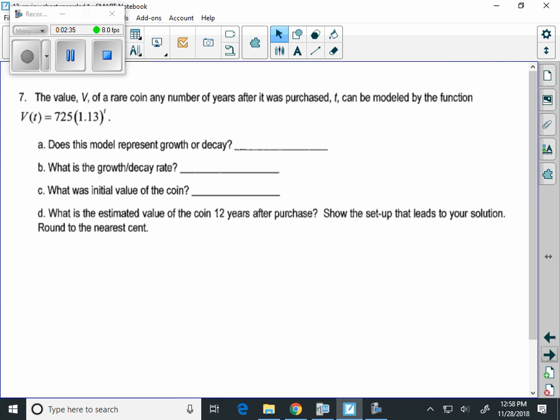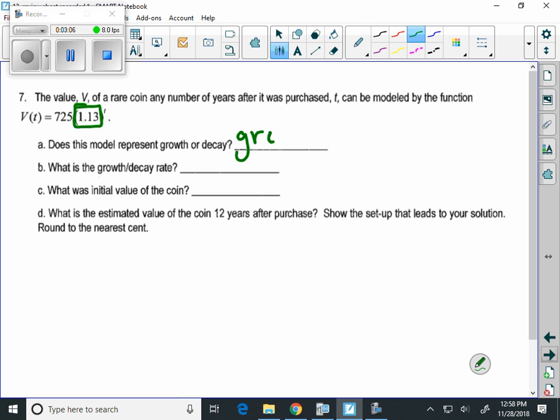Problem number 7. The value V of a rare coin, t years after it was purchased, can be modeled by the function V of t equals 725 times 1.13 to the t. Does this model represent growth or decay? When we look at this number, 1.13 is greater than 1, and that means that we're dealing with growth.